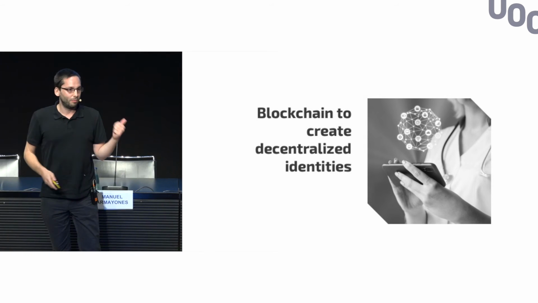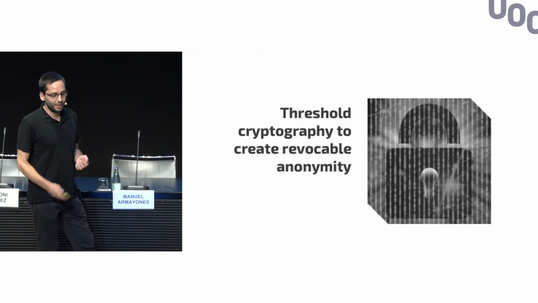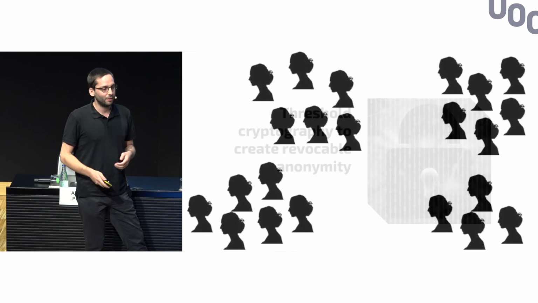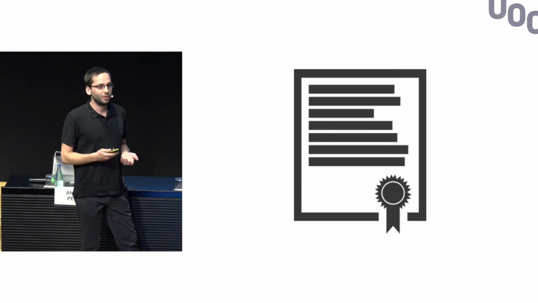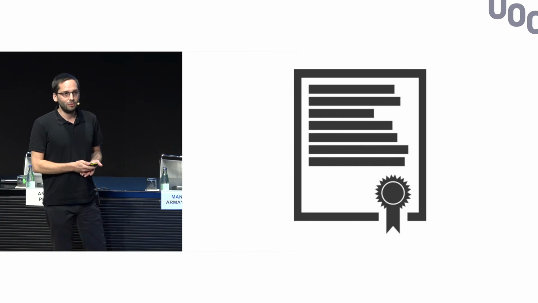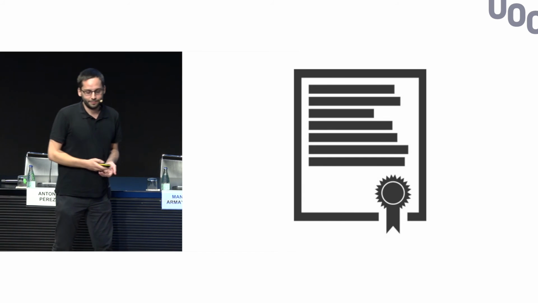The idea is to use blockchain technology to create decentralized identities, and threshold cryptography to create revocable anonymity, in a way that we could create groups of users, and each group would sign a manifest. A manifest is basically a set of rules that would say what the group can do and what the group cannot do.